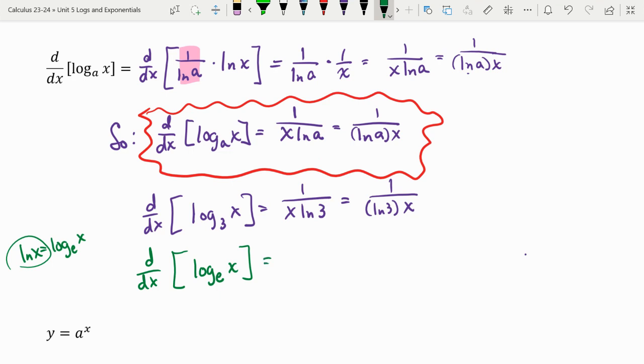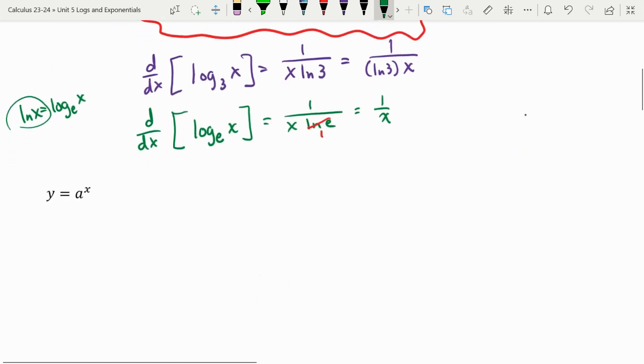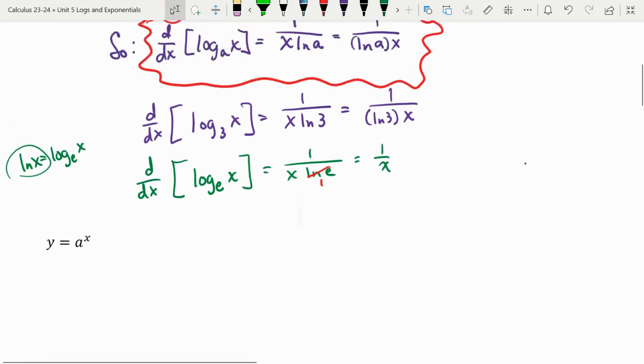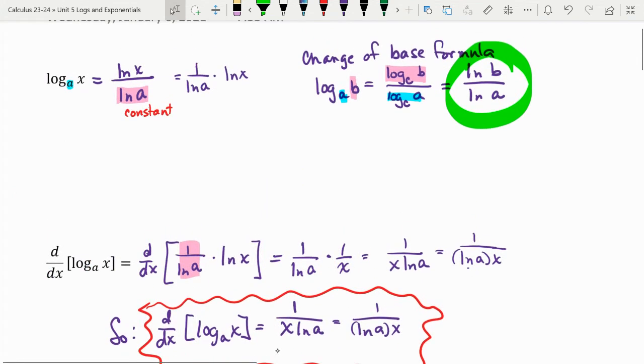But if I take the derivative, that means 1 over X times the natural log of e, and the natural log of e is just 1, which gets me 1 over X. So this rule also works for base e, just to show that the mathematics are consistent. So that is the derivative of log base something other than e.